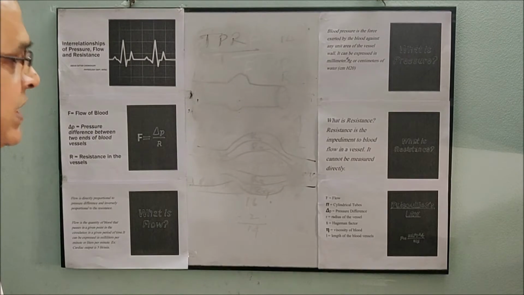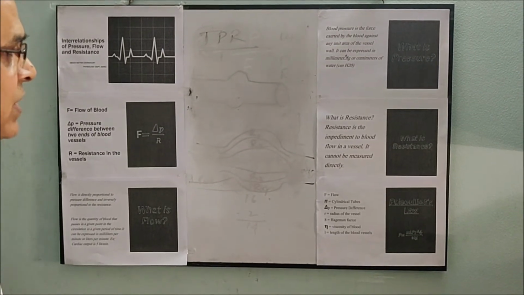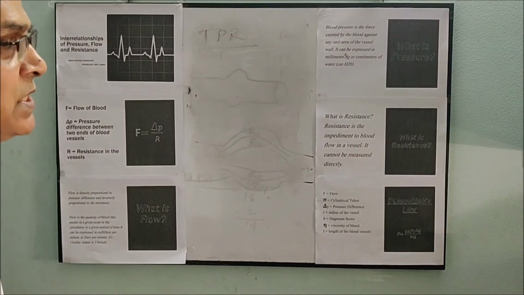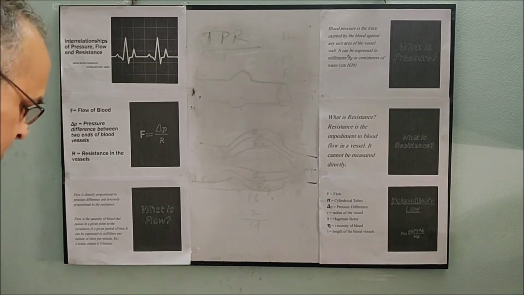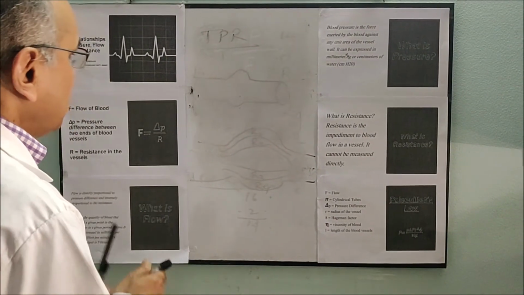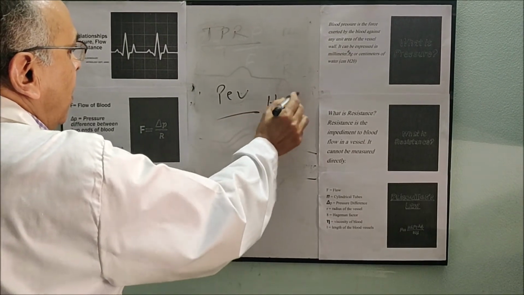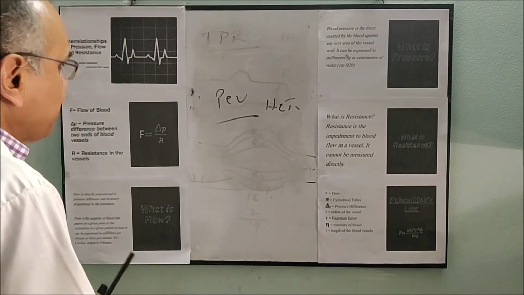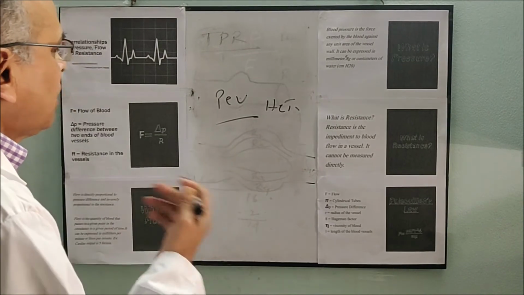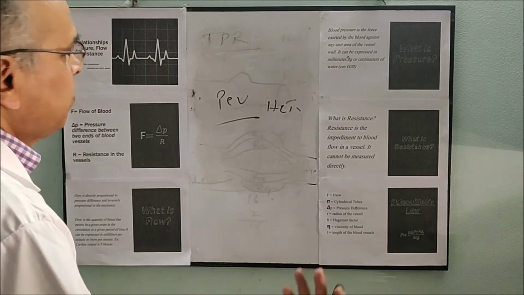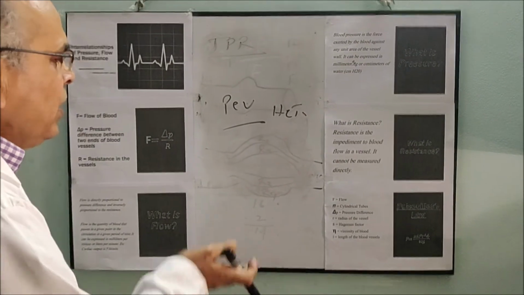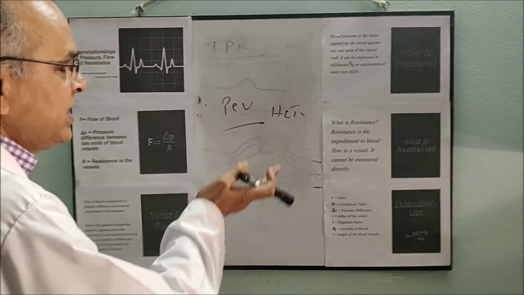If the hematocrit is increased, what is hematocrit? Hematocrit is the PCV. Another name of hematocrit is PCV. PCV is the percentage of cells in whole blood. When the hematocrit is increased, the resistance is increased.